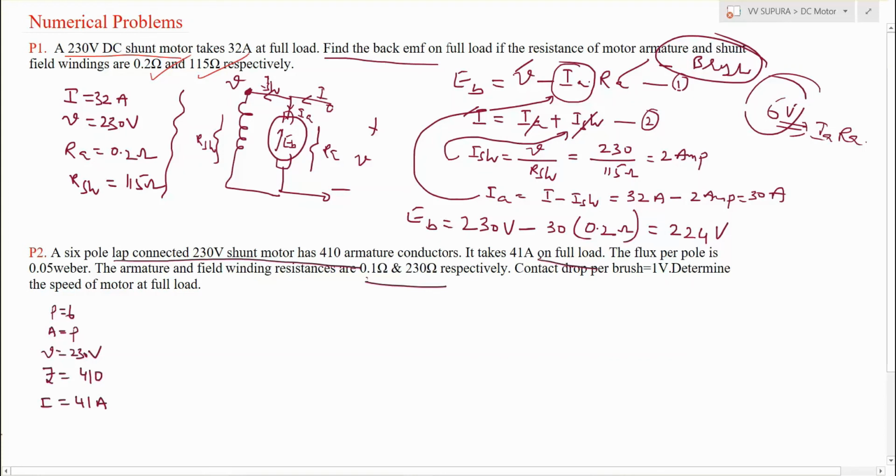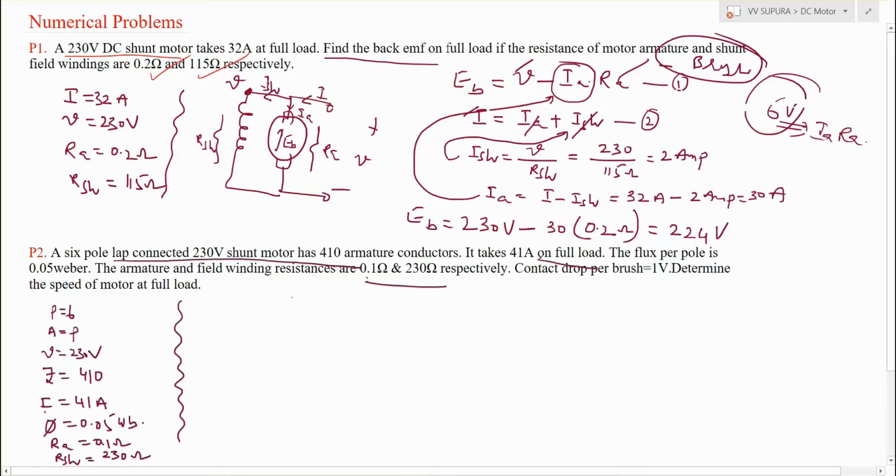Flux per pole phi is equal to 0.05 webers. Armature resistance is equal to 0.1 ohm and shunt field resistance is equal to 230 ohms. That is the data they have given.